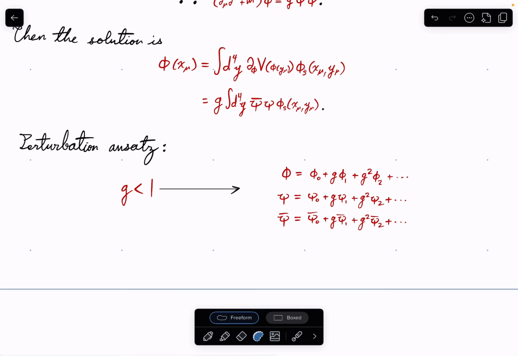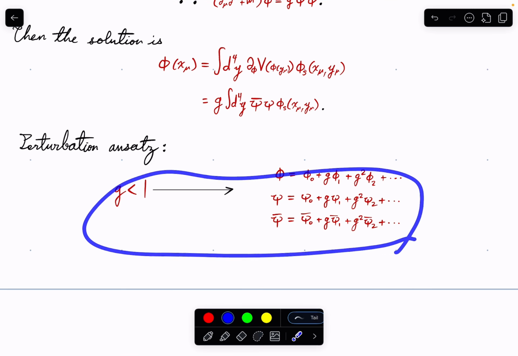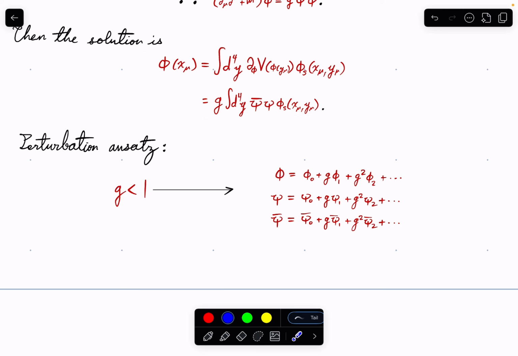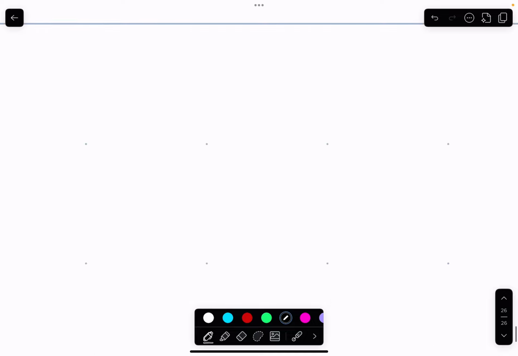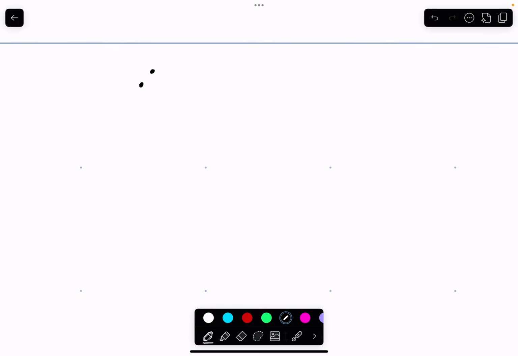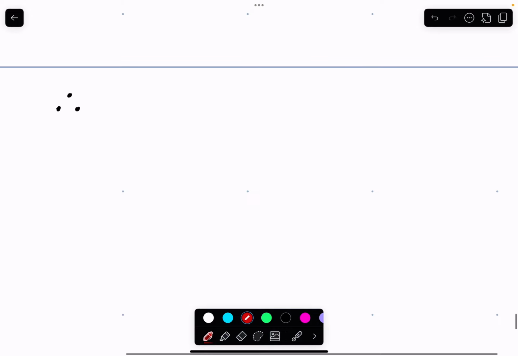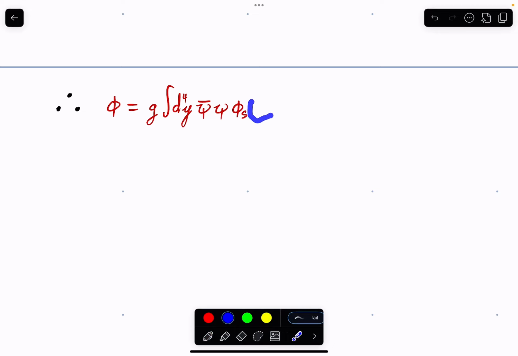So what we're going to do is plug these into this solution right here. And then we're going to equate terms of G just like we did before with terms of lambda. Therefore, the field phi is going to be equal to G times the integral over d to the 4y of psi bar psi phi s. I'm going to stop writing the x y thing here just because it's a lot to write.